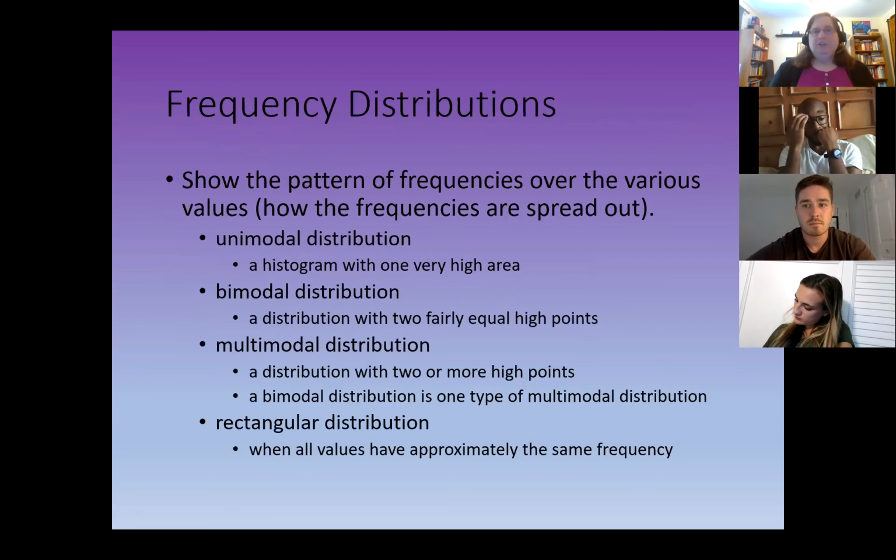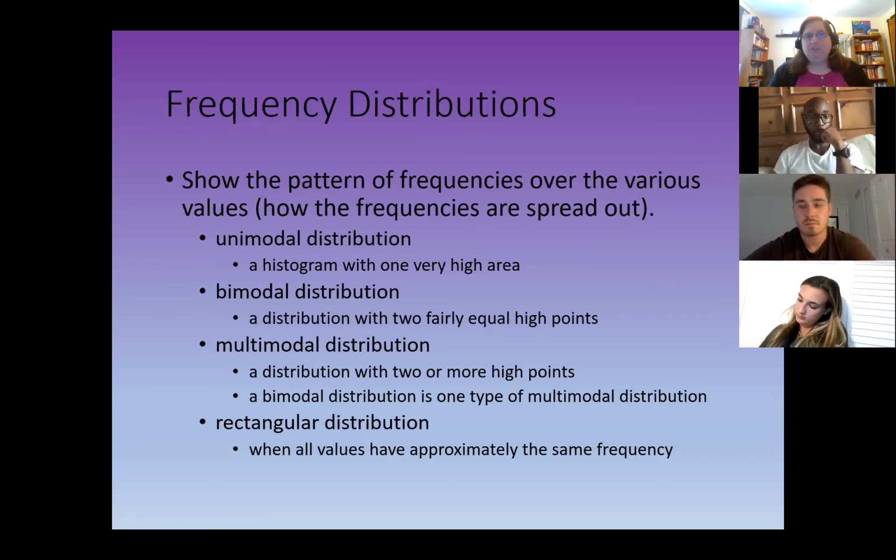Okay. Where I want to pick up is where we left off with frequency distributions. If you remember, we talked a little bit about what a frequency is, what a frequency distribution looks like, what a histogram looks like, those sorts of things. Now let's talk about some different kinds of frequency distributions.